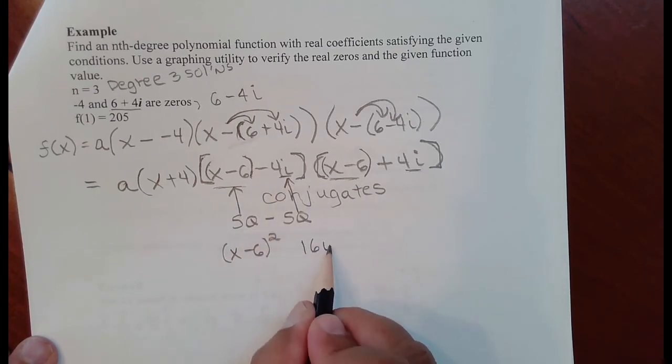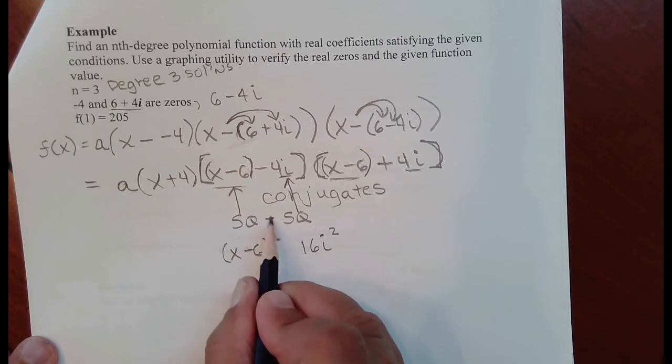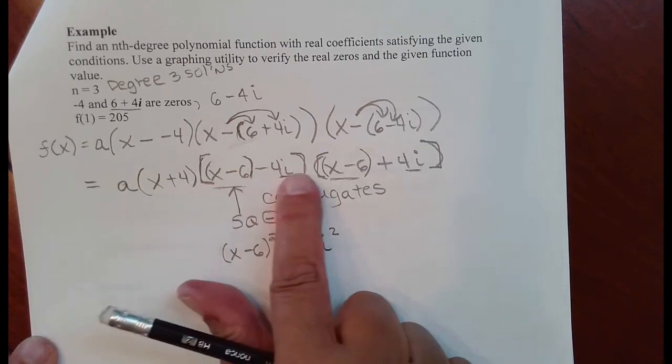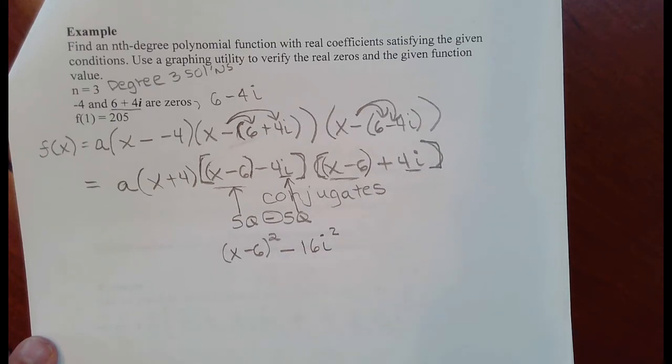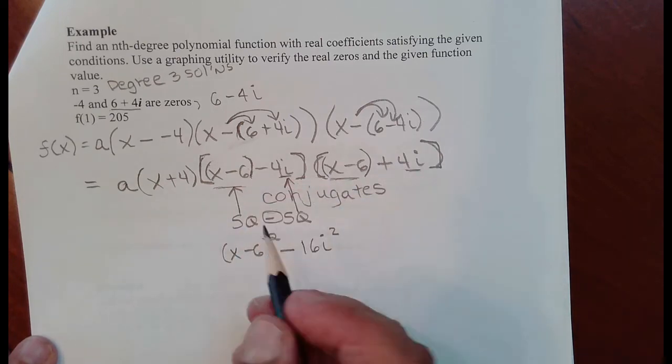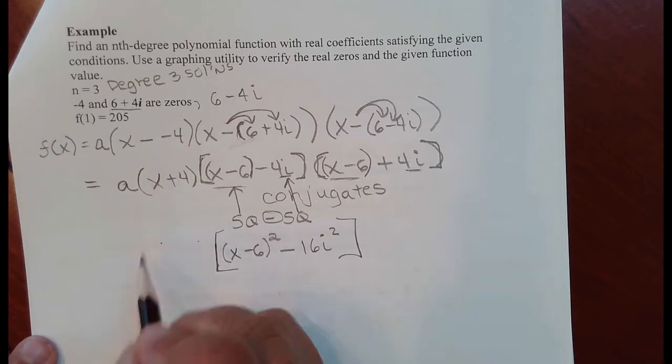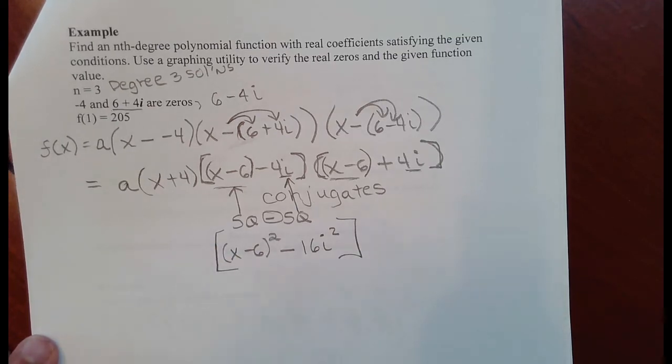So that'll be 16i squared. This minus goes in between the two squares. So I just got all of this FOILed out. I'm not done with it, but it's the easiest way you could tackle something like that. Let's keep working on this, and then we'll pull down these other items.